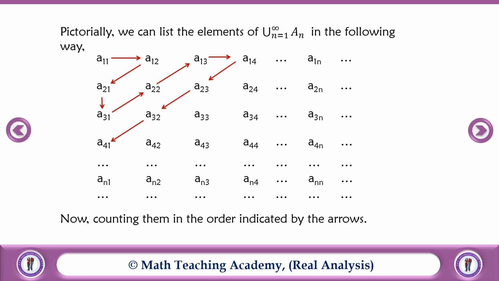Now, counting them in the order indicated by the arrows. A11 is the first element, A12 is the second element, A21 is the third element, A31 is the fourth element, A22 is the fifth element, A13 is the sixth element, A14 is the seventh element, A23 is the eighth element, A32 is the ninth element, A41 is the 10th element, and so on.